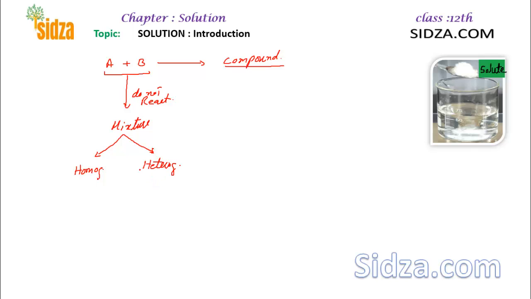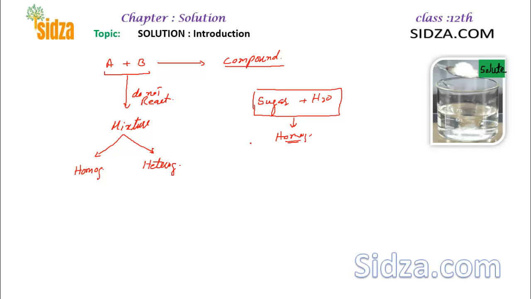Now what are homogeneous and heterogeneous mixtures? Before we explain them, we can take certain examples. Suppose you mix sugar in water, what do you get? You get a mixture, but what type of mixture is it? It's a homogeneous mixture.